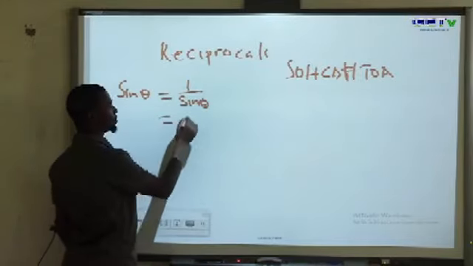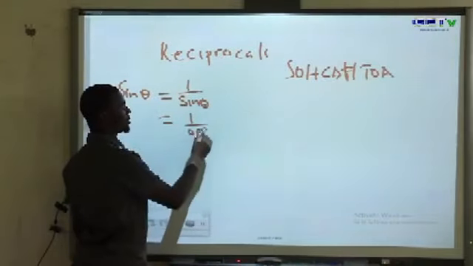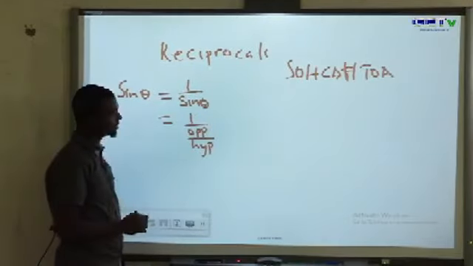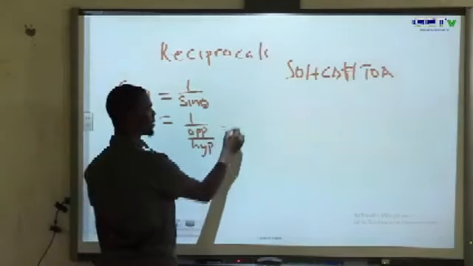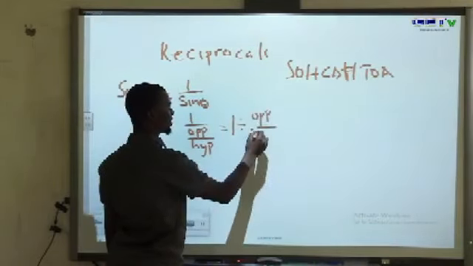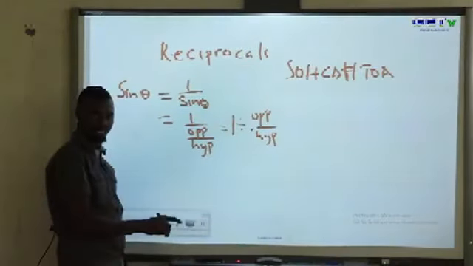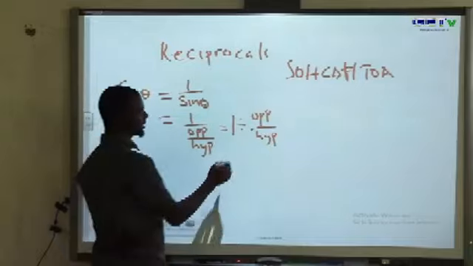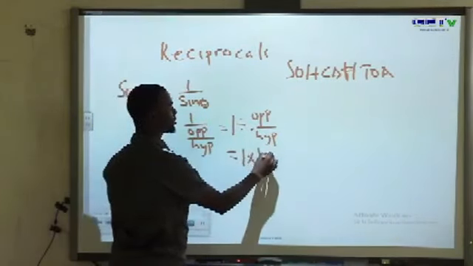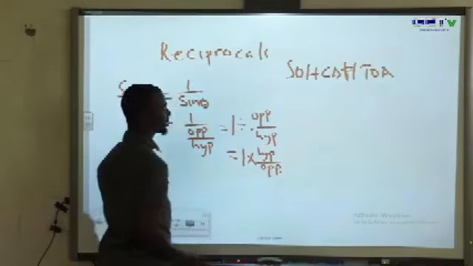So this will give us 1 over opposite over hypotenuse as our reciprocal. This is the same as 1 divided by opposite over hypotenuse. So we change division to multiplication and invert the fraction. This will be 1 times hypotenuse over opposite.